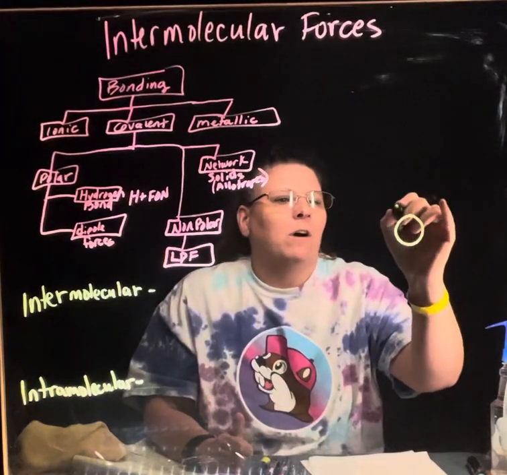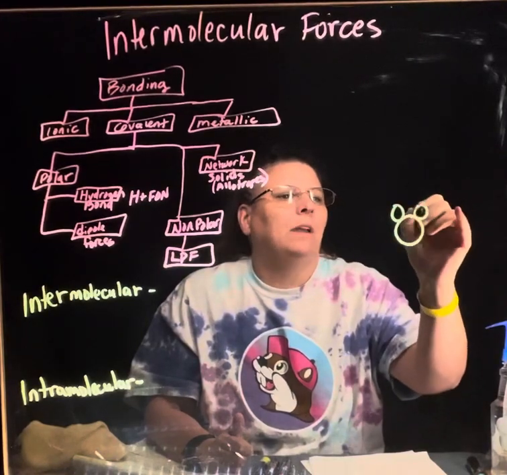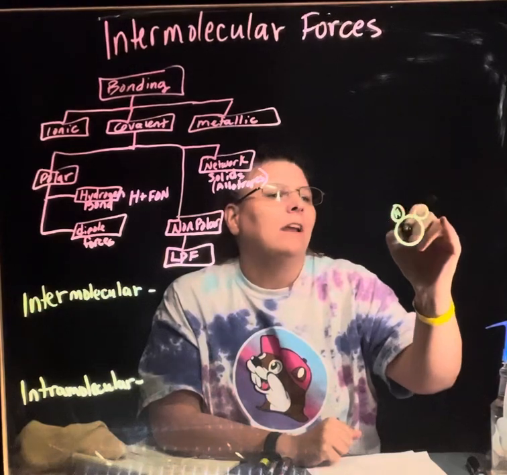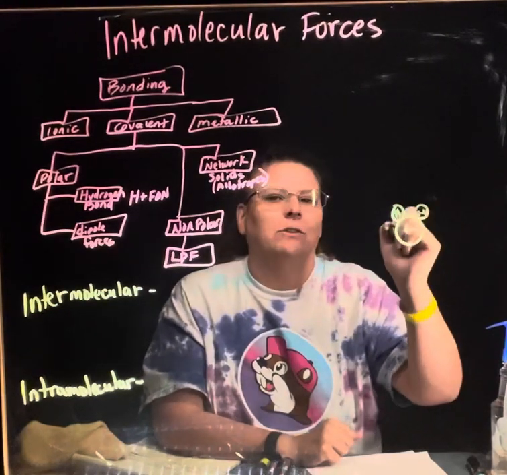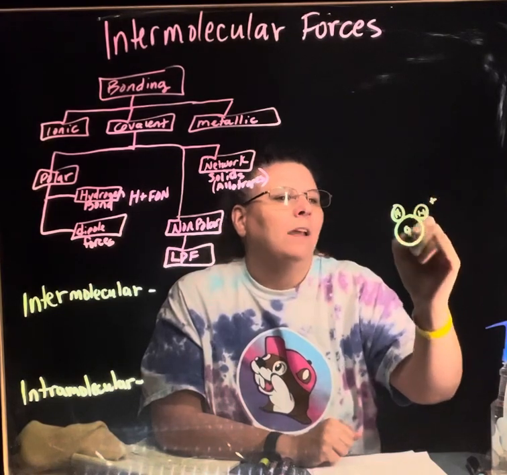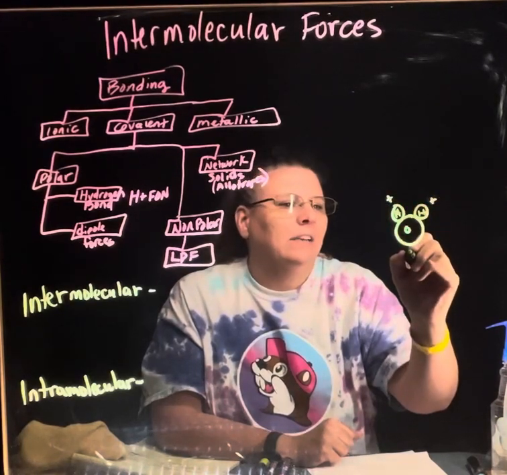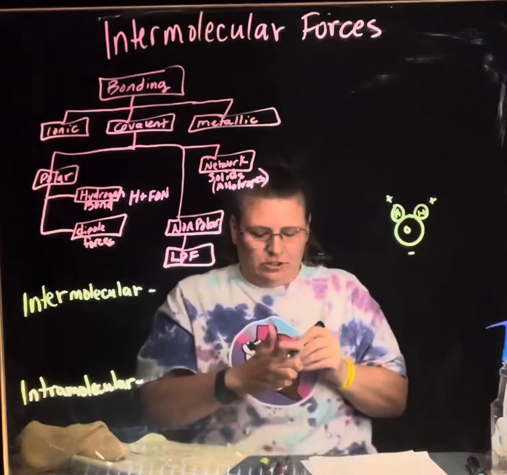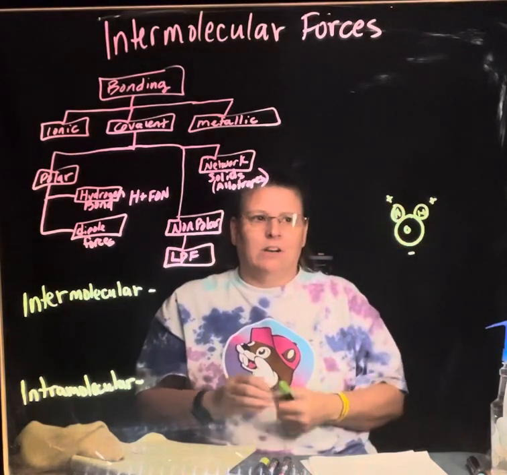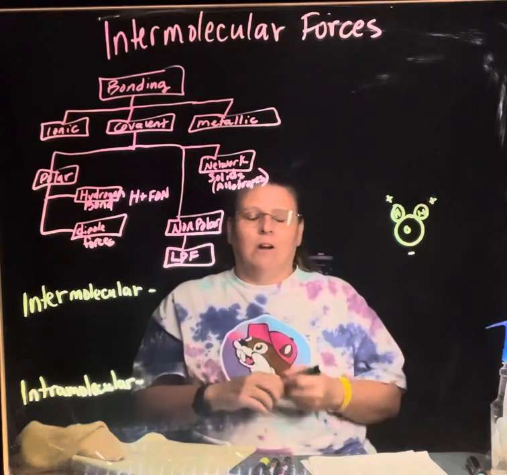So we're going to take a water molecule. The hydrogens and the oxygen look like a little Mickey Mouse, right? Hydrogens have a slightly positive side to them, and the oxygen has a slightly negative side, because most of the time when you're sharing electrons, most of the electrons are going to go to your oxygen side.